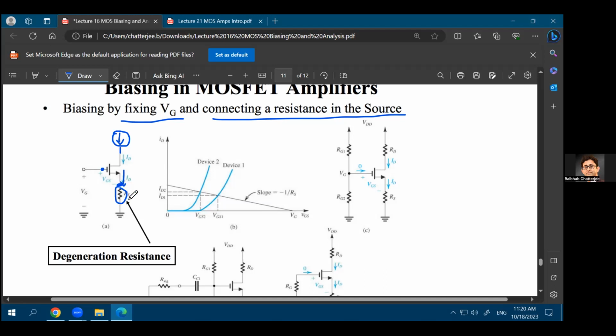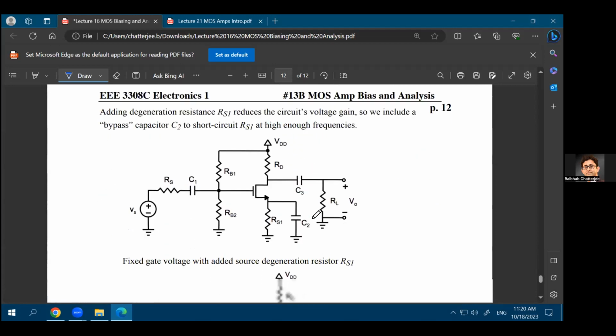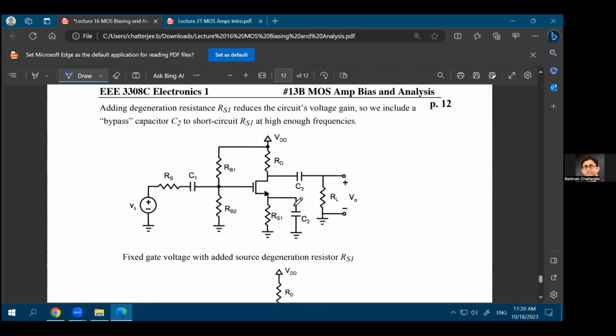But something you need to keep in mind is that as you increase this degeneration resistance, your VGS keeps on dropping. So at some point, there is a risk that your transistor will go into cutoff region. All right. So this is what we are mentioning here, but we'll prove this in the next lecture.